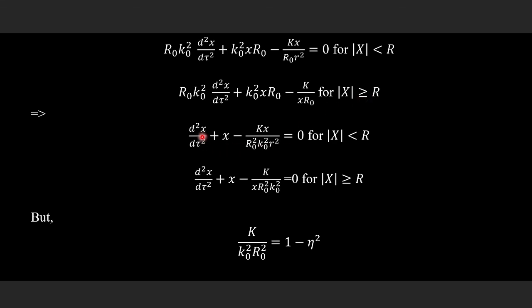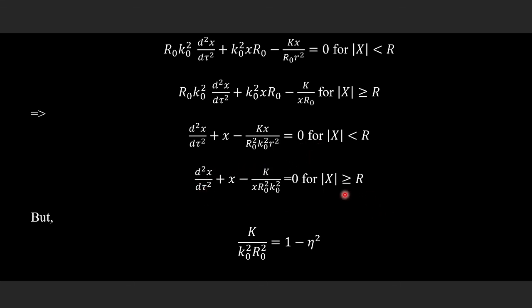We get d2x over d tau square plus x, because k naught square x will be taken away, minus kx over again k naught. There was already an r naught here, so r naught square rs square is equal to 0.